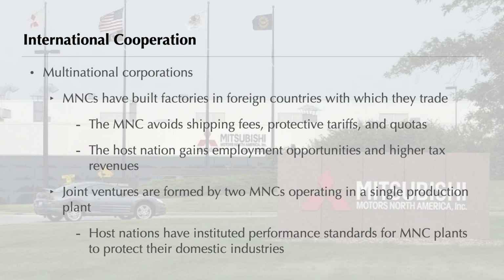The host nation benefits from additional employment opportunities and higher revenues from taxes on the corporation's incomes, profits, and properties. During the 1980s and 1990s, a number of foreign firms located plants in the United States.